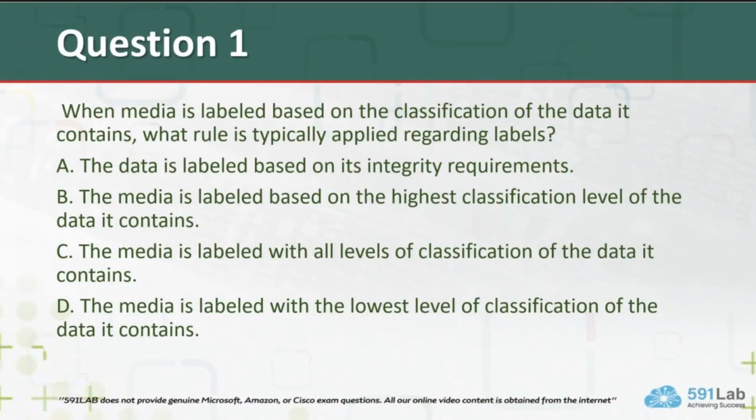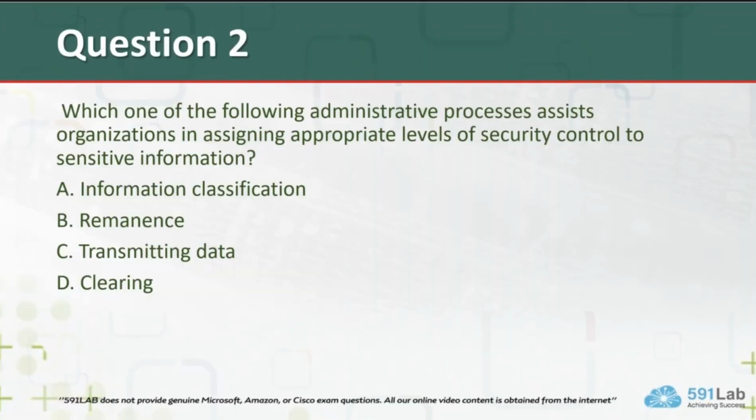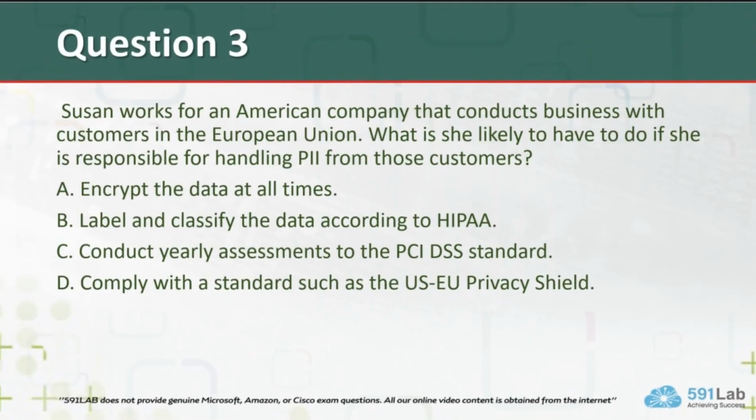All right, so question one, when media is labeled based on the classification of data it contains, what rule is typically applied regarding labels? All right, next question, which of the following administrative processes assist organization in assigning appropriate level of security control to sensitive information? Next question. Susan works for an American company that conducts business with customers in the European Union.